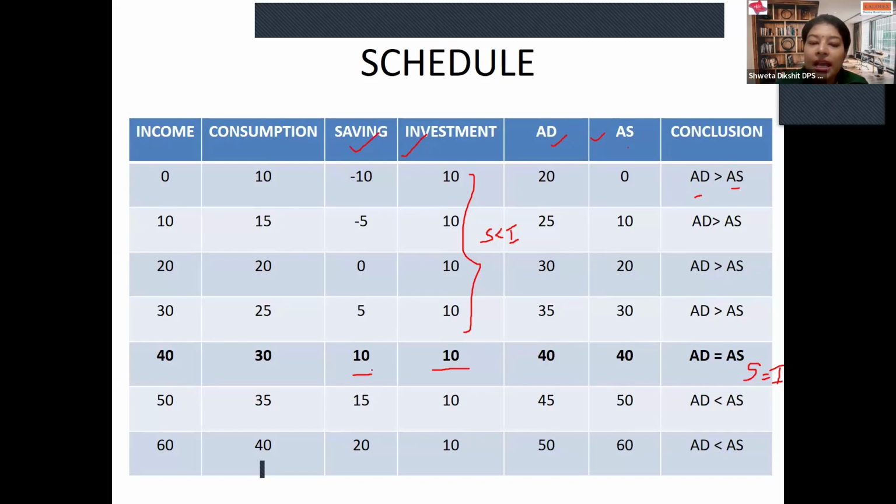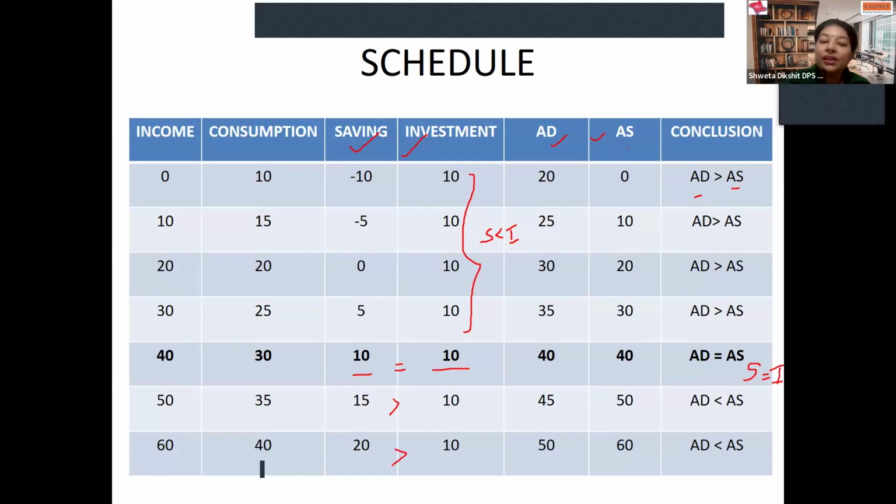Then you see at this phase, 10 is equal to 10. That means saving is equal to I, or investment. Then in this phase, you will see that 15 is greater than 10, 20 is greater than 10. This time, S is greater than I. I repeat, S is greater than I. That means saving is greater than investment.